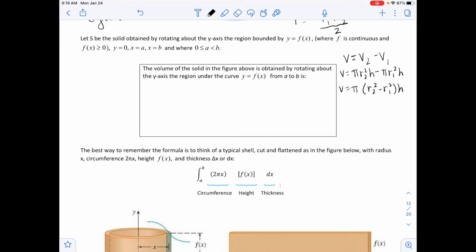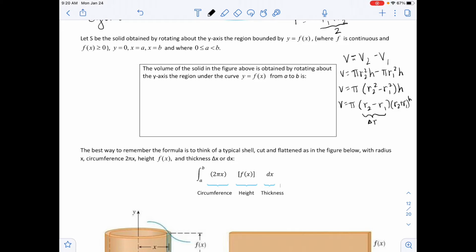And then we know that we can factor r2 squared minus r1 squared, and when we do that, we have r2 minus r1 times r2 plus r1 times h. And then we know that we have r2 minus r1, and that is just equal to our delta r.